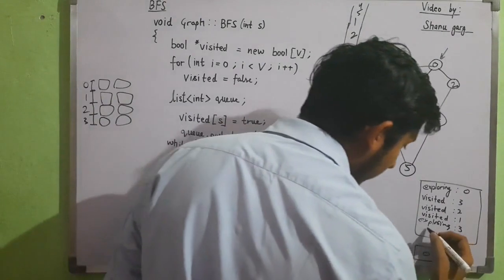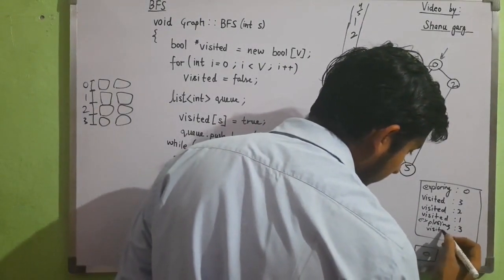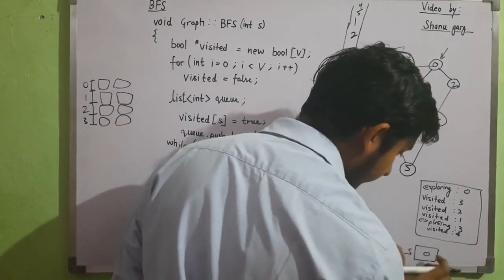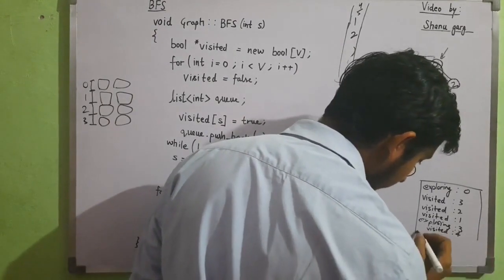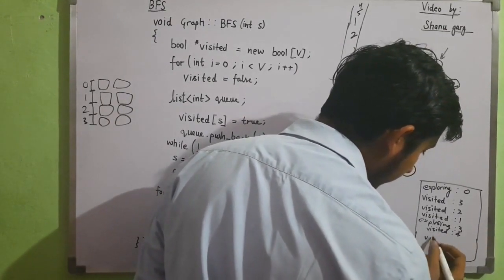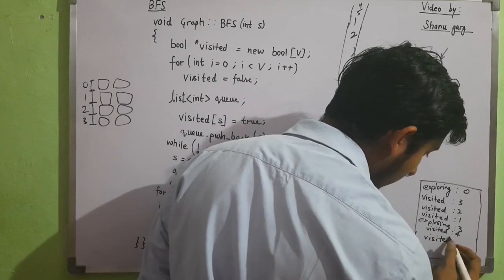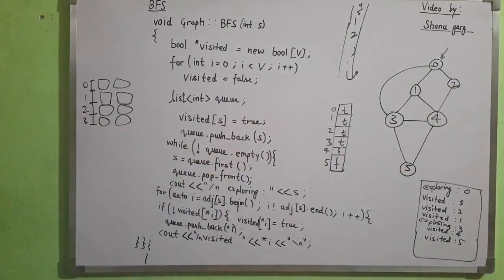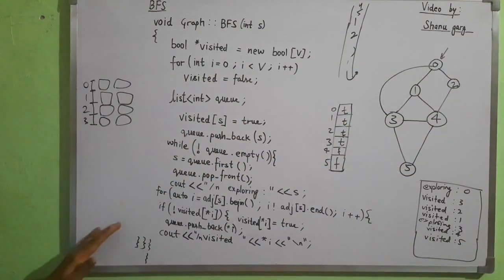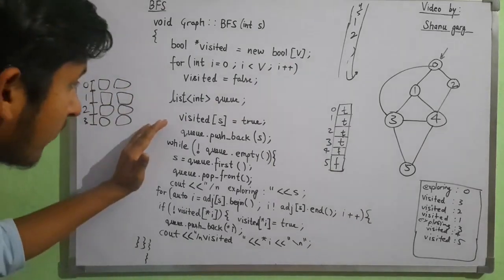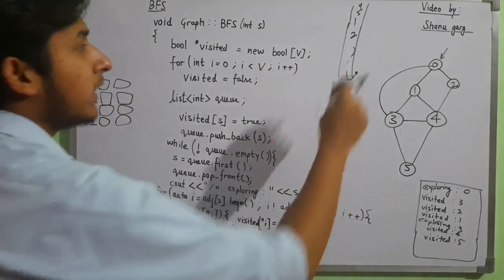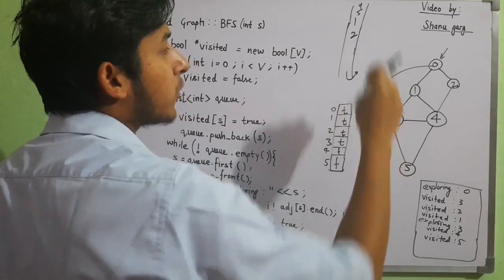We will be writing visited 4, visited 5. After that, we'll again do this, and now 2 will be explored.